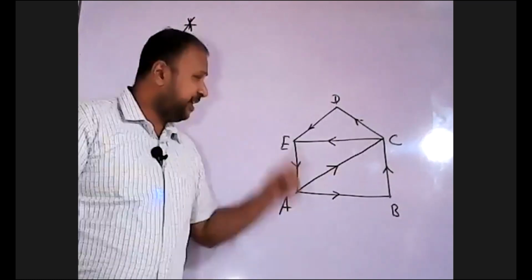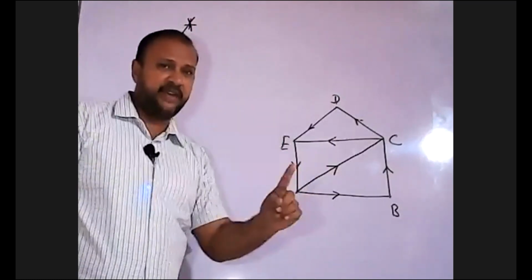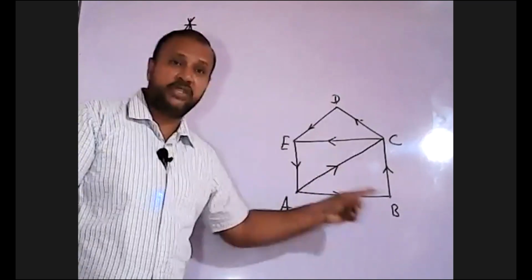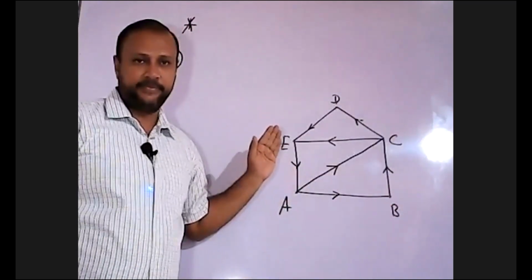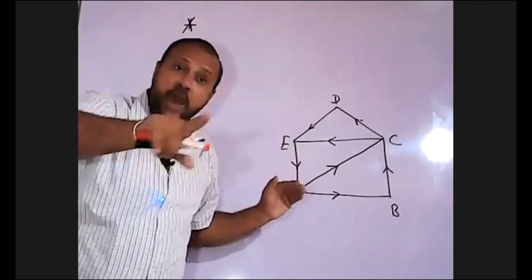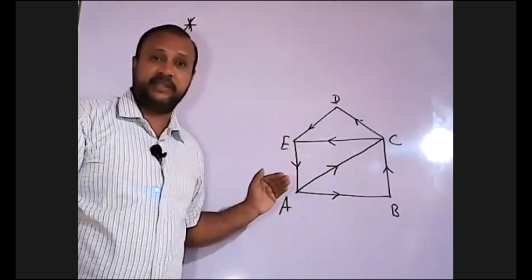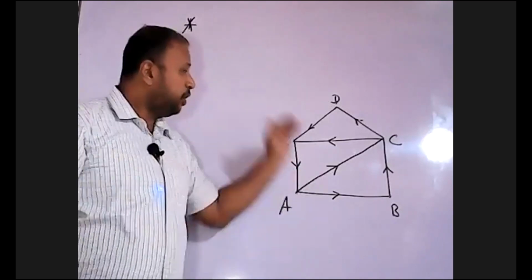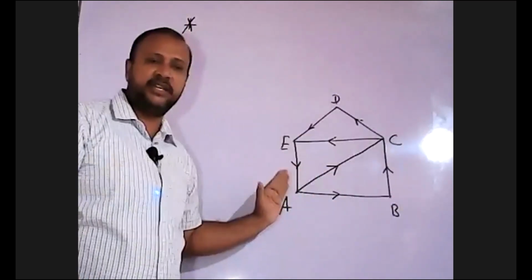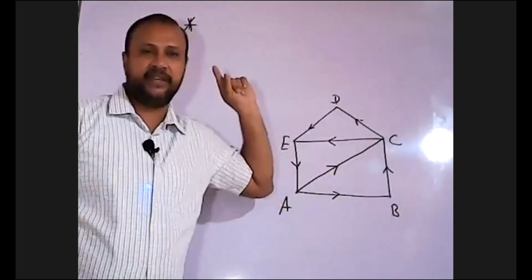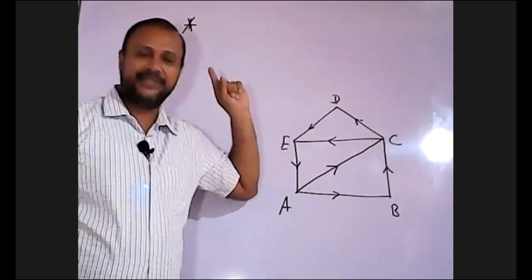The resultant vector is the single vector that can be used instead of all the vectors in a vector system. So if you are asked to find a resultant vector, you have to reduce all these vectors into one single vector.